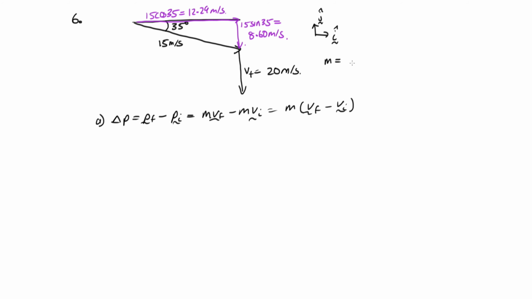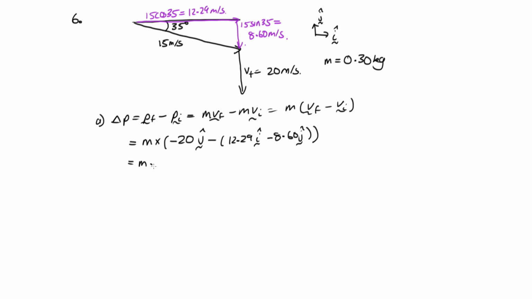We know that m is equal to 0.30 kilograms, as we're told in the question. So the final velocity here is equal to minus 20 J, and then we subtract off the initial velocity, which we've written in unit vector notation here. So this is 12.29 I minus, because it's down, 8.60 J.